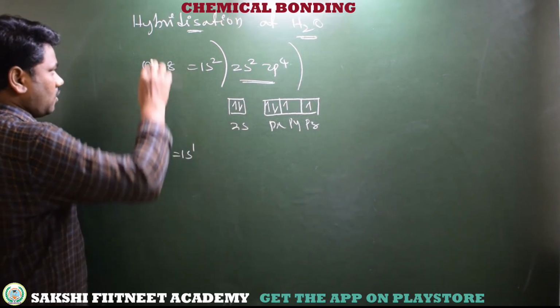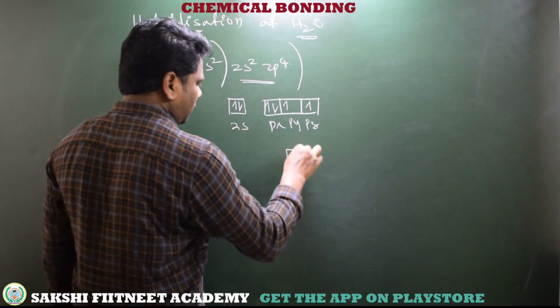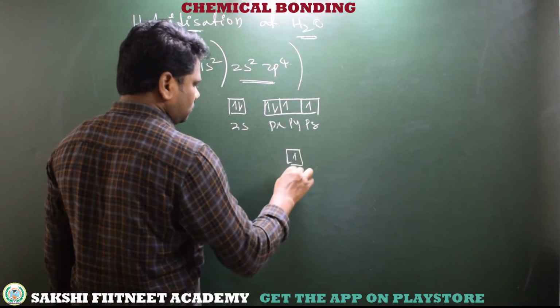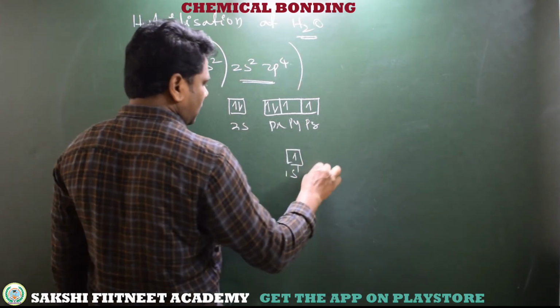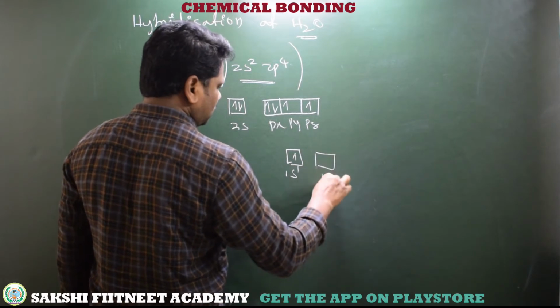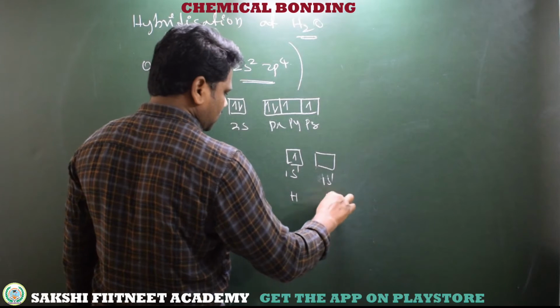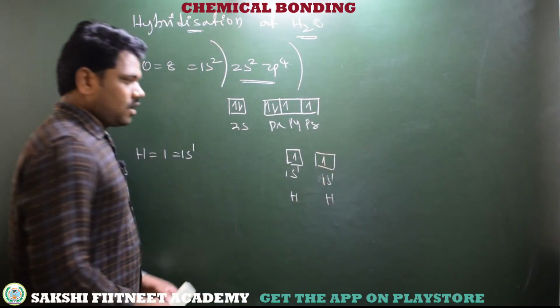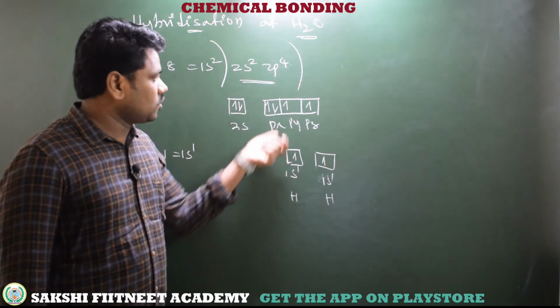Hydrogen is a non-metal, and oxygen is also a non-metal. Both show unpaired electrons. One hydrogen has an s orbital with one electron, 1s1. Another hydrogen has the same configuration, 1s1. This is the first hydrogen, this is the second hydrogen, and both show unpaired electrons.